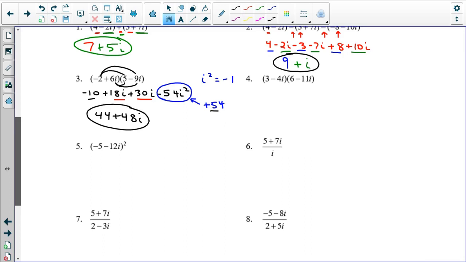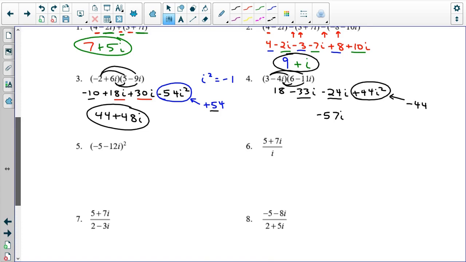If I look at number 4, I get 18 minus 33i minus 24i plus 44i squared. Negative 33 minus 24 is negative 57, so that's negative 57i. And then plus 44i squared is going to turn into negative 44, because 44 times negative 1 is negative 44.